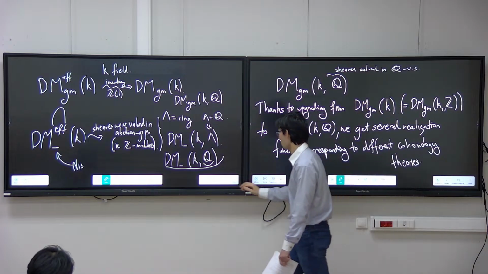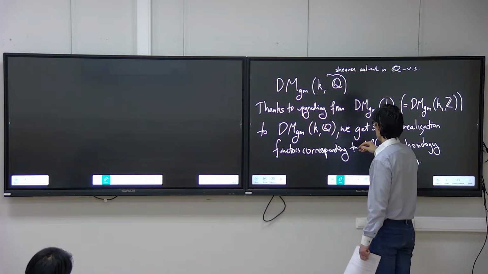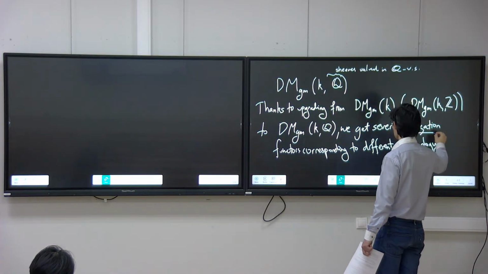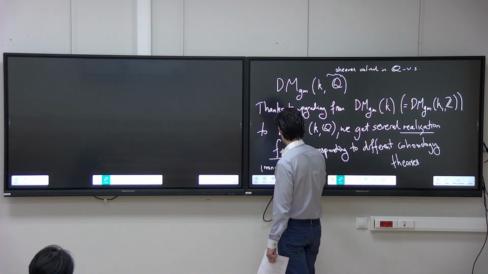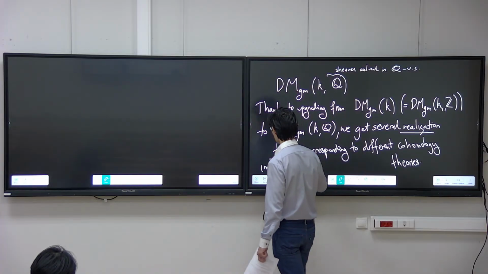I mean, to get the actual realization functors is non-trivial. So here's an example.